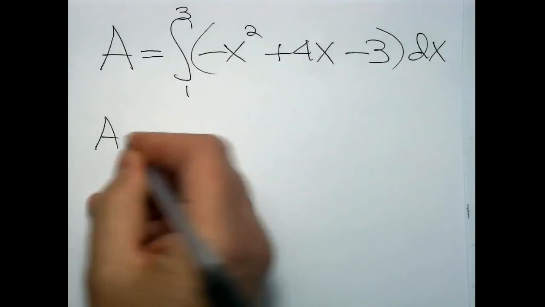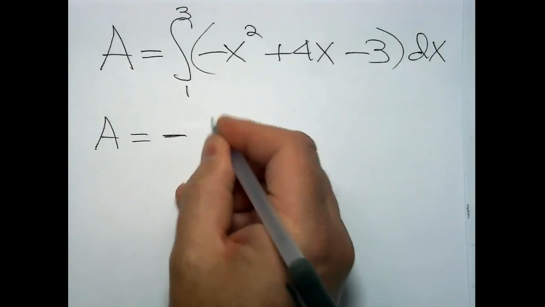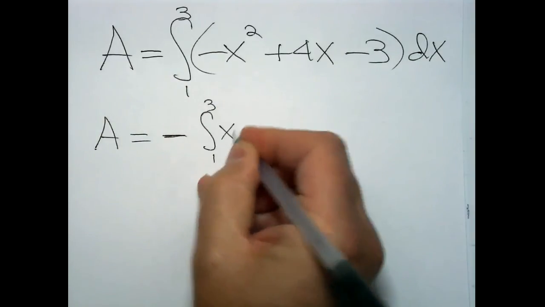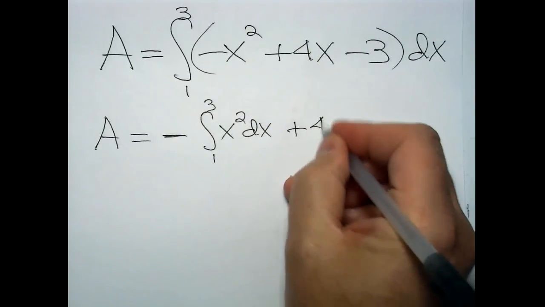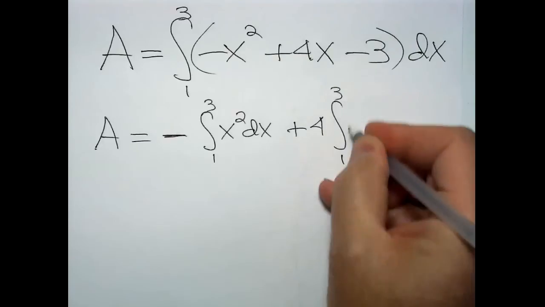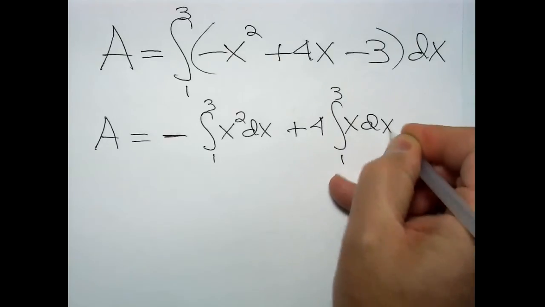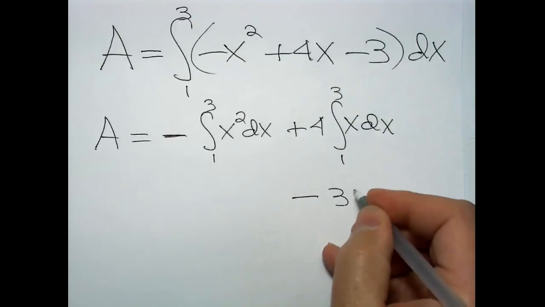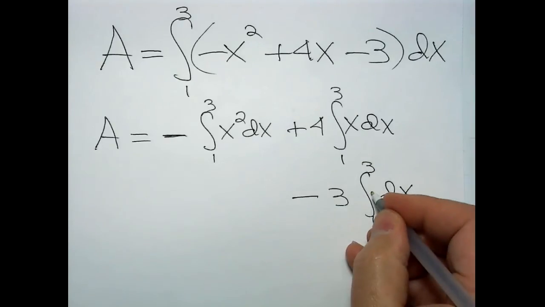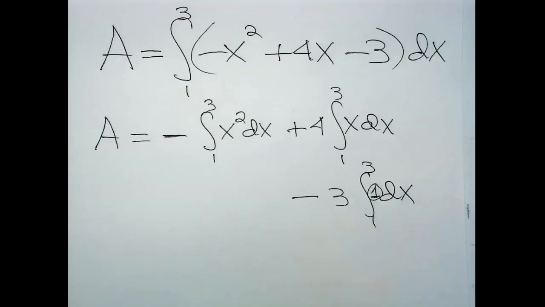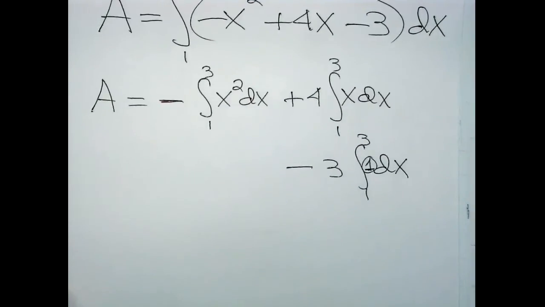First thing you can do is break it up. We'll do this. You can bring the constant multipliers out front. I'll put a little 1 in there just as a friendly reminder that there really is a 1 there.